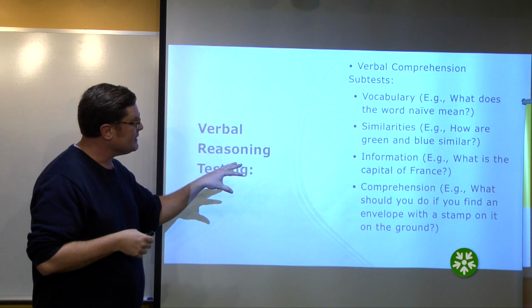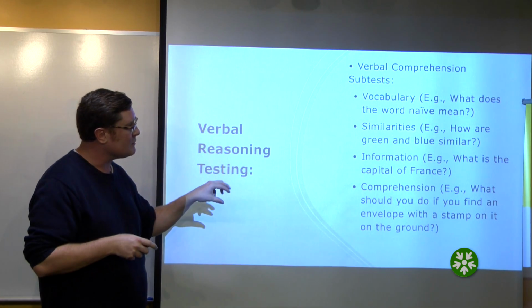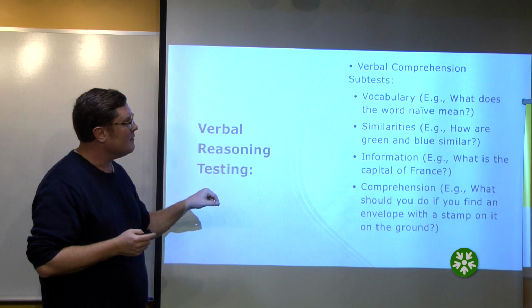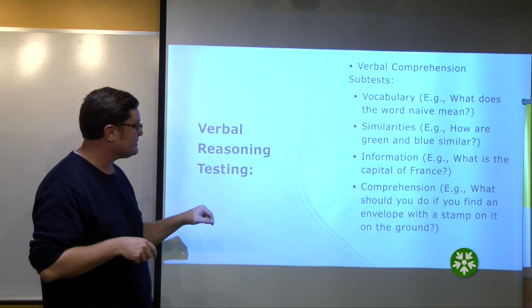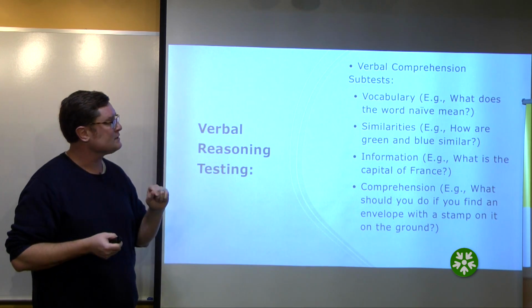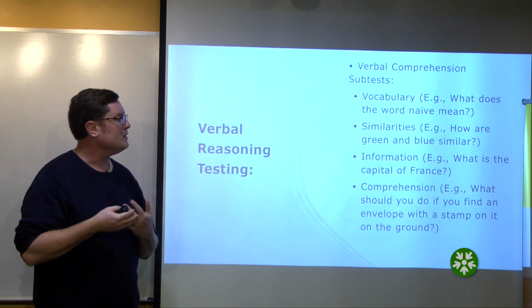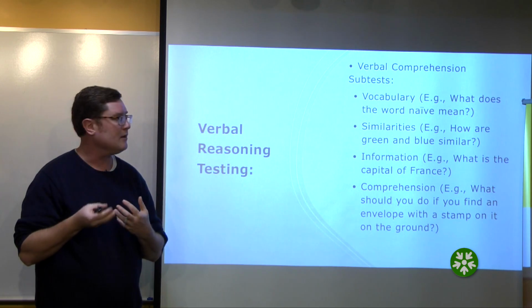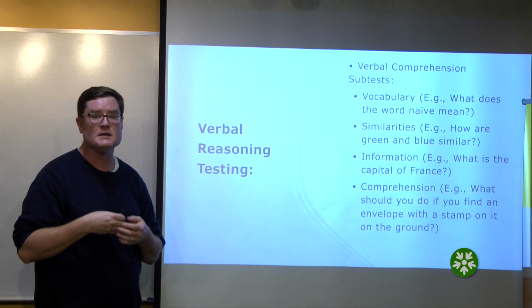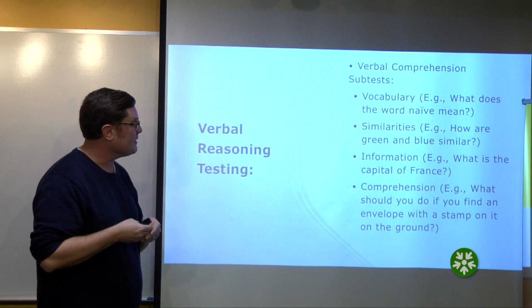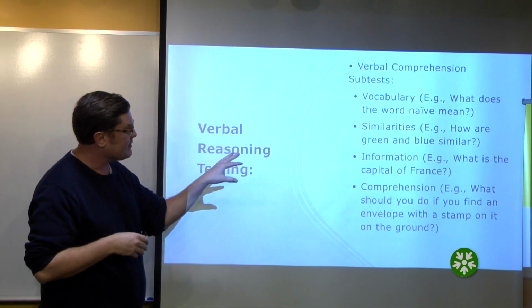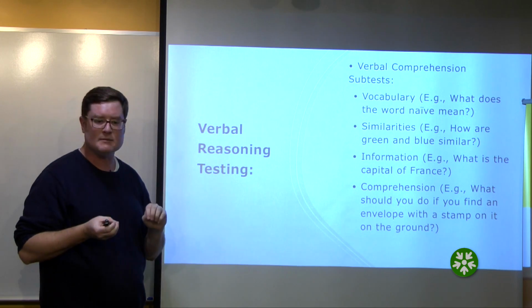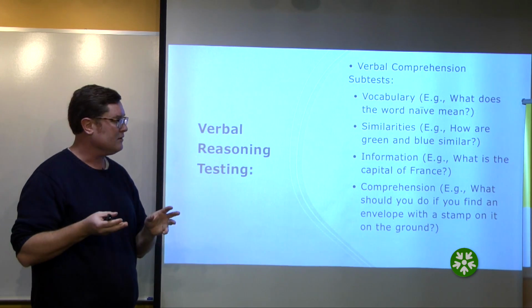These are some common subtests that we would look at for verbal reasoning skills on an IQ test. Vocabulary, for example: what does the word naive mean? The child would need to define different words, and we see their vocabulary abilities. Similarities: how are green and blue similar? They're both colors, obviously.